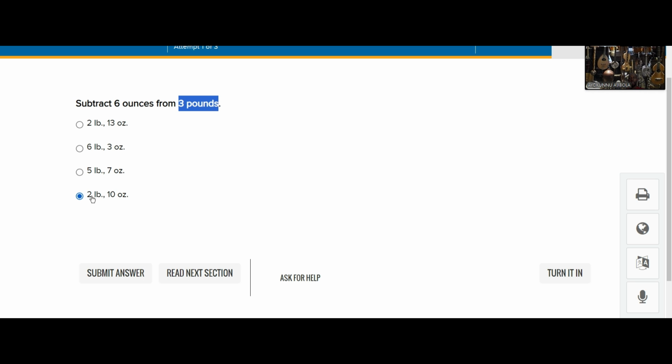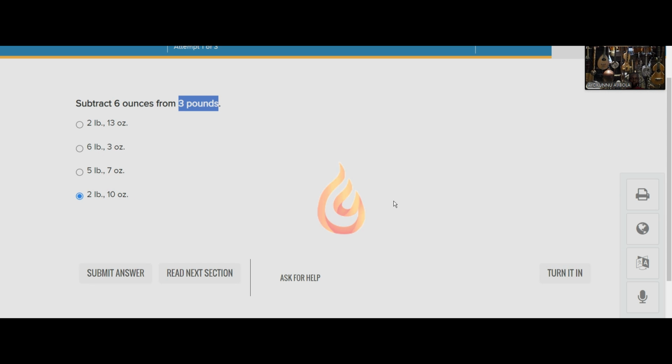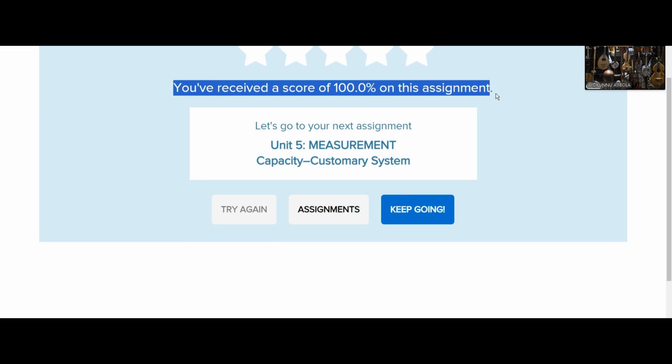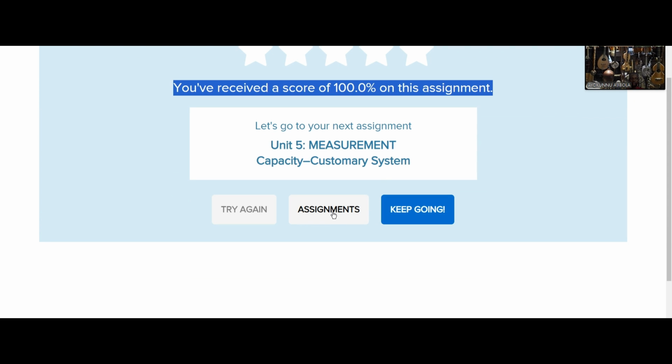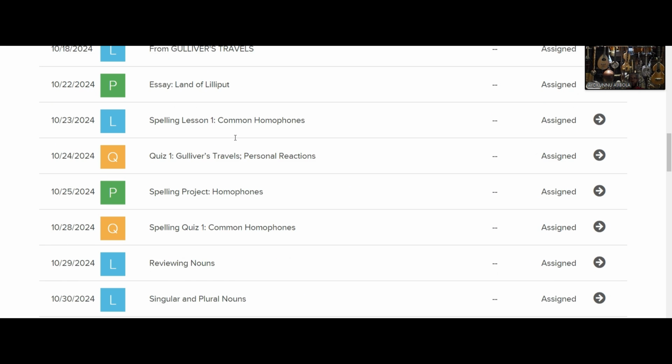Then if you remove 32, which is 2 pounds, you have 10 remaining. So let's submit this one.